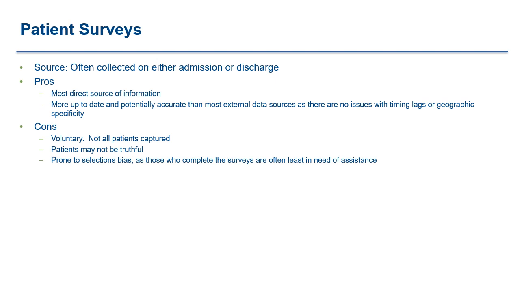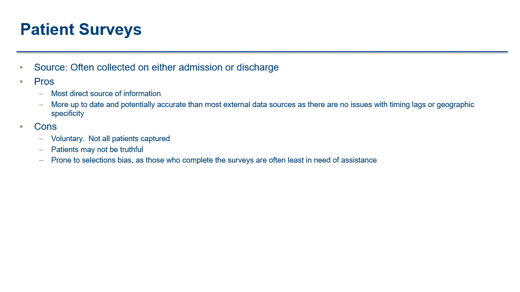And I'll talk about that a little bit when we talk about some of the other data sources. But there are certainly issues with them also. The survey is voluntary. Not all patients may answer the questions. Especially if someone is living in an unsafe environment, they may not feel they can answer the question, and it causes issues there.